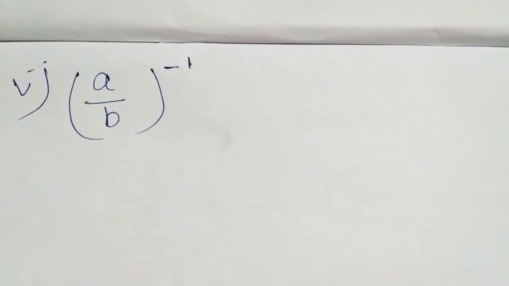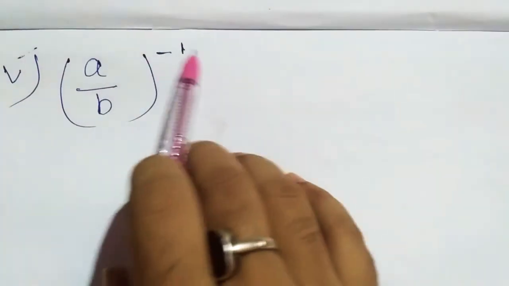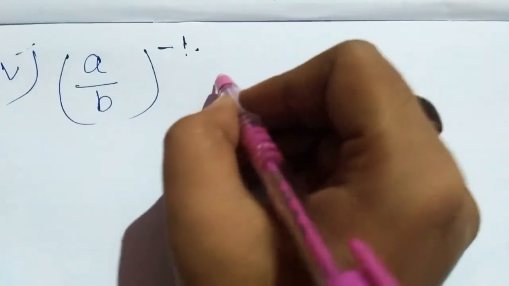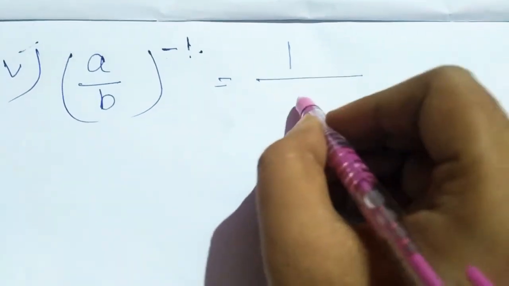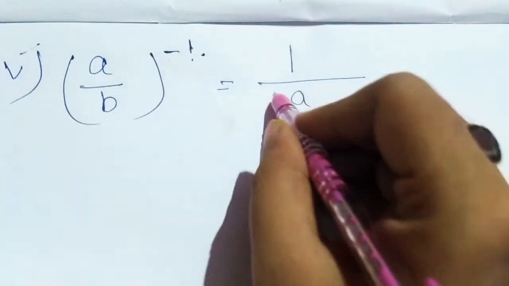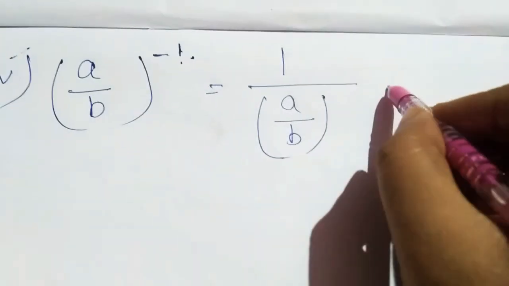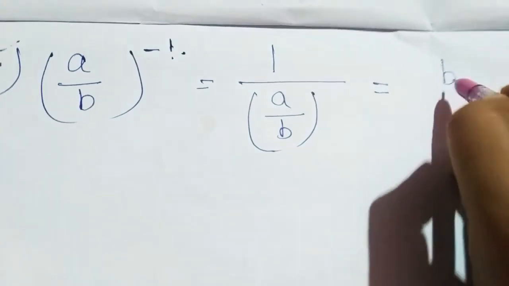Negative, that means -1, -2, -3, any negative integer. Okay, so here is -1. And what is the meaning of this? This means that 1 by a by b, or this is the reciprocal of this one, that means b by a.